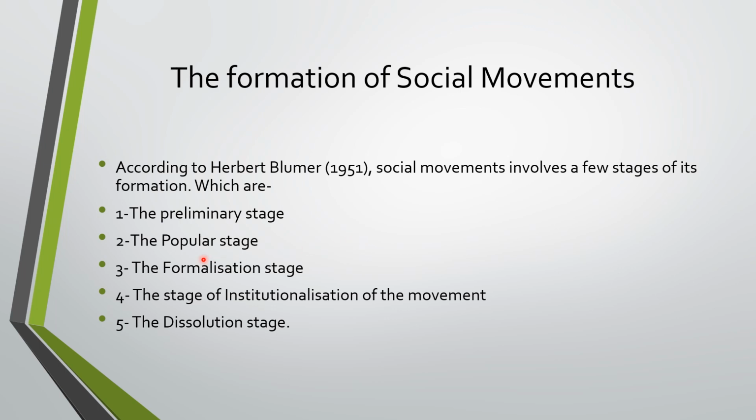The next stage is the popular stage. In this stage, the movement begins to rally around a figure or a leader who promises to alleviate the suffering of people. This leader may be a charismatic leader with some extraordinary qualities who is capable of giving leadership to the movement.